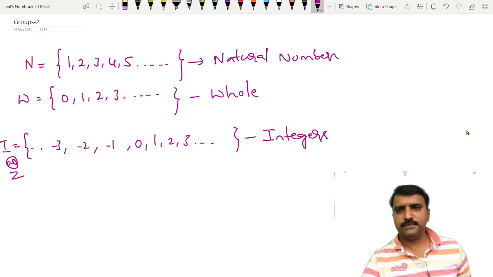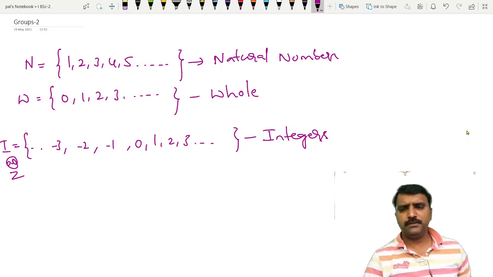Next, if you take the number 1 divided by 10, that is nothing but 0.1. In which category can we write that number? There are so many numbers between 0 and 1: 0.1, 0.01, 0.001 like that.